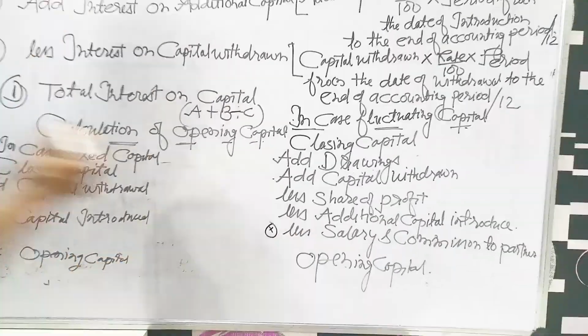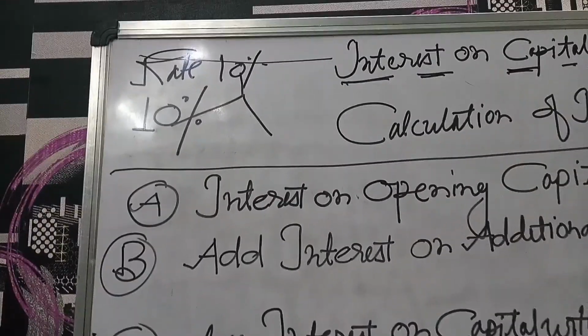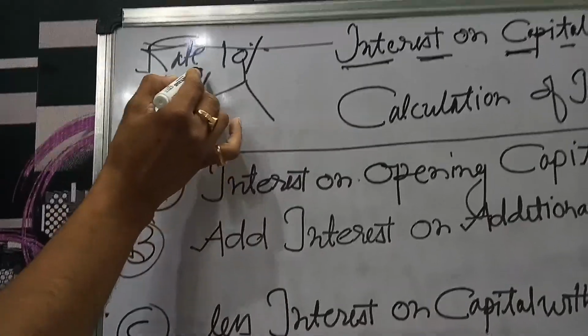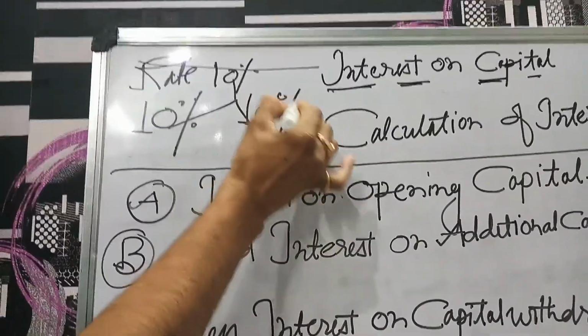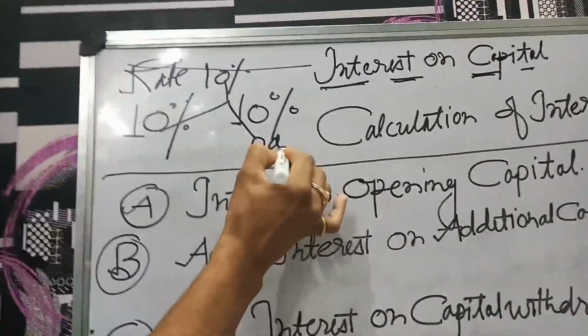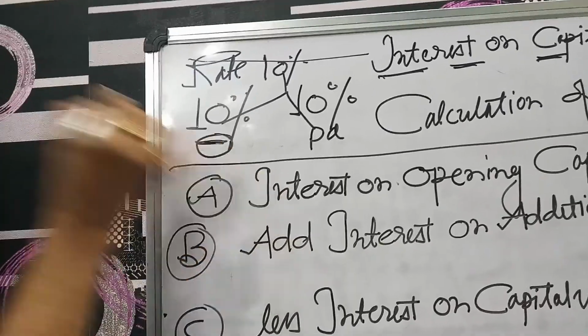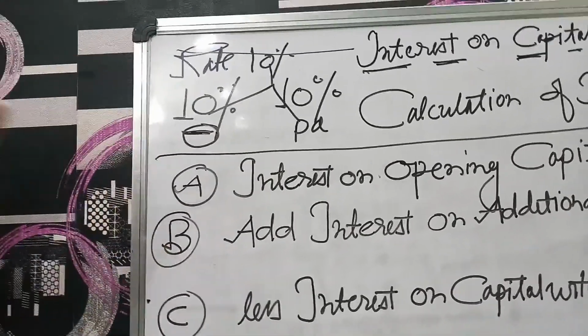Another important point always to keep in mind: the rate of interest on capital can be given in two ways, like 10% and 10% per annum. If the words per annum are not there, keep in mind that we will never consider the time factor.